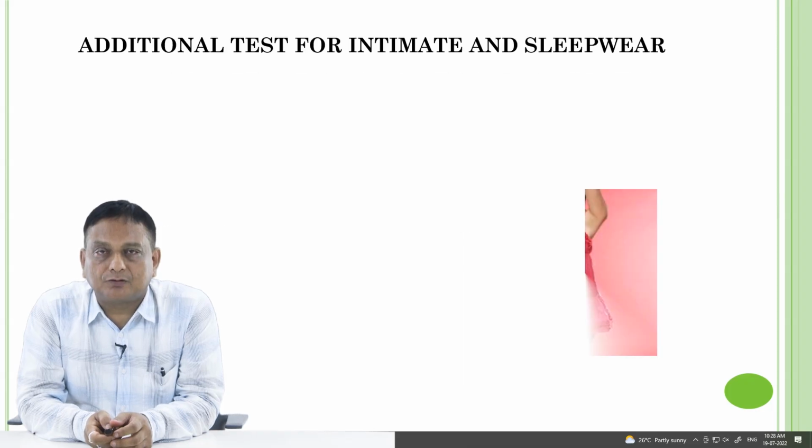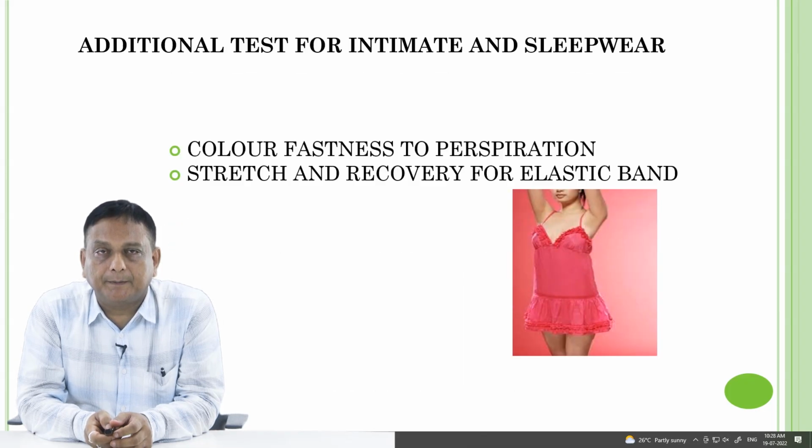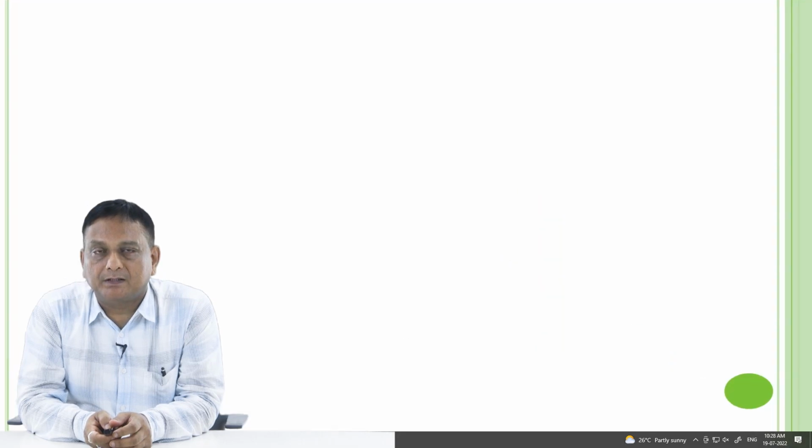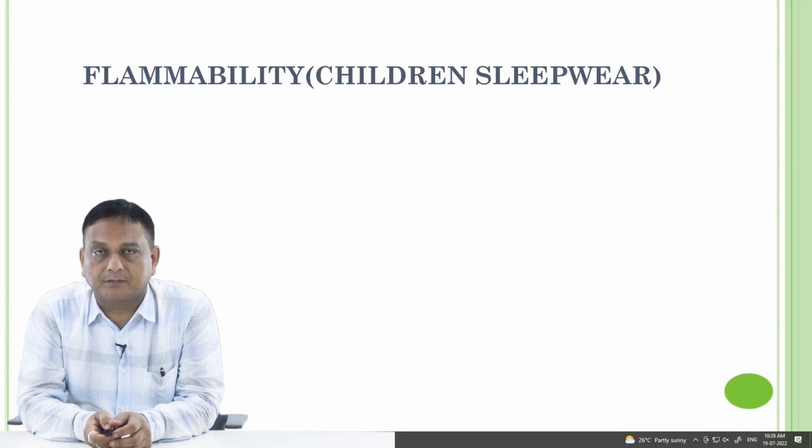Now additional tests also include colorfastness to perspiration for intimate apparel and sleepwear, like the figure which has been shown here. Stretch and recovery properties for the elastic band also play an important role here. So intimate and sleepwear is judged in this fashion.